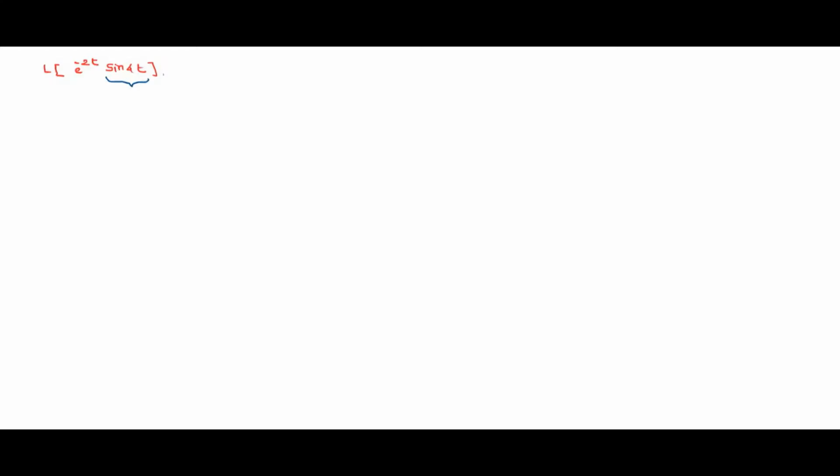We know the Laplace transform of sine at is a divided by s square plus a square. This is the Laplace transform of sine at. And the Laplace transform of cos at is equal to s divided by s square plus a square.